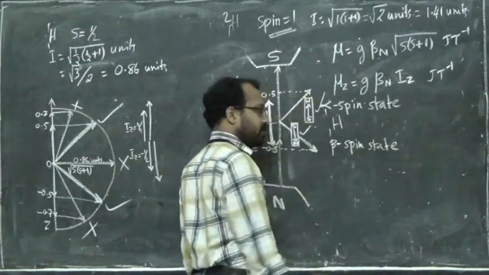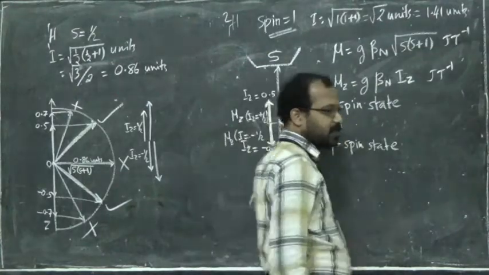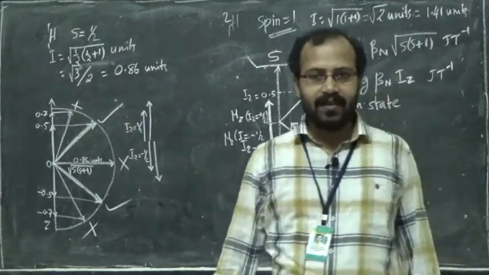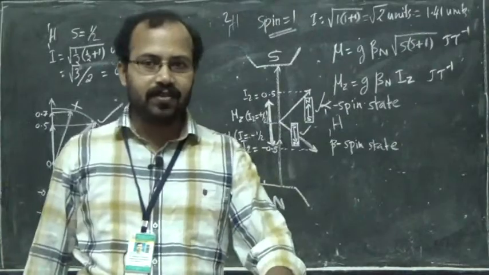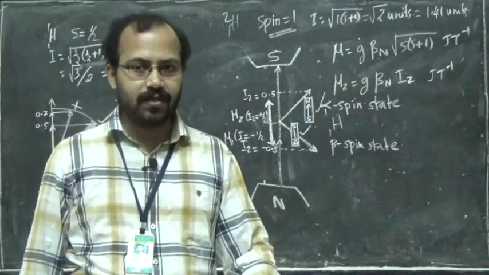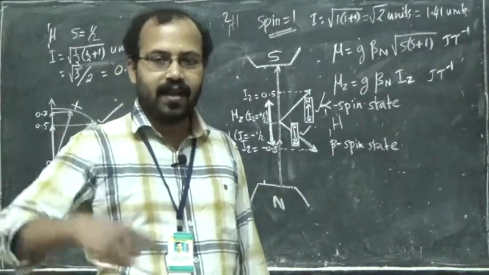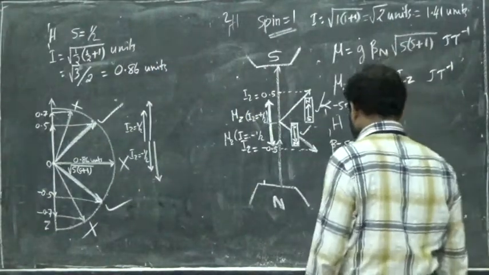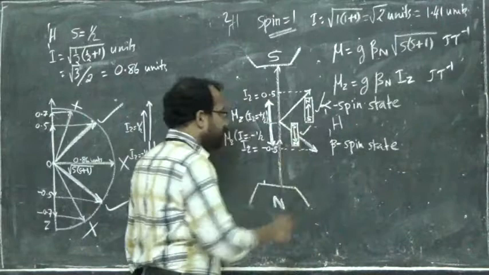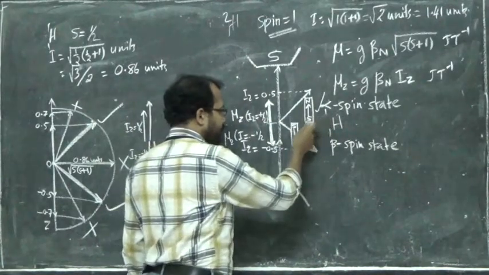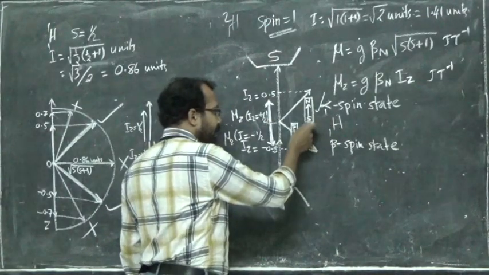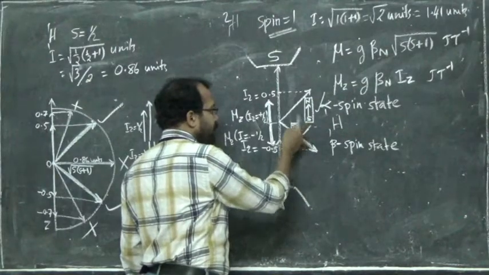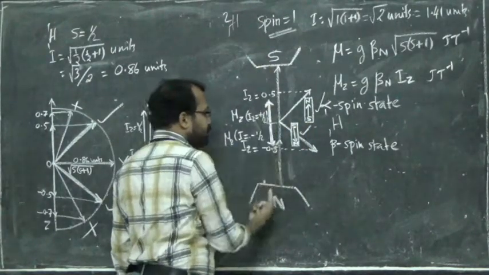So we have two spin states for the hydrogen nucleus: the alpha spin state, which is a low energy situation, and the beta spin state, which is a high energy situation. In the low energy situation, or the alpha spin state, the nuclear magnet is oriented in the same direction as the applied field.